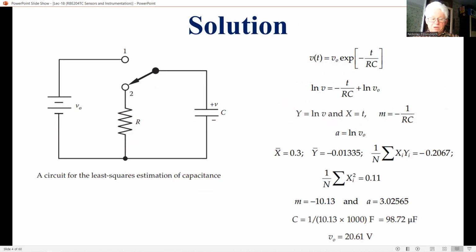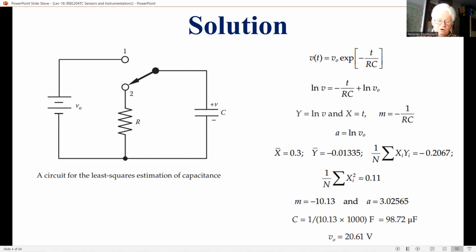To solve this problem, we assume the well-known expression for the free decay of voltage across a capacitor, as you may see from equation 1 on the top of this slide: V(t) equals V0 times exponent of minus t over RC.